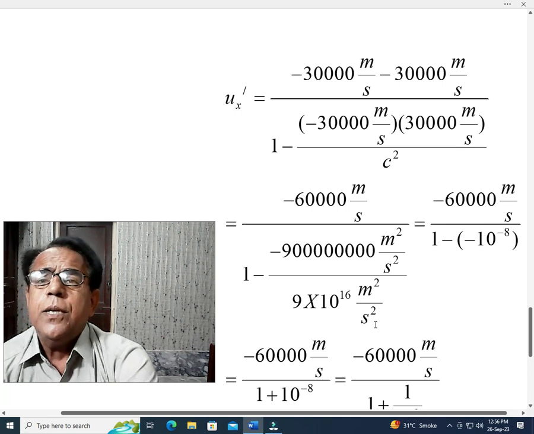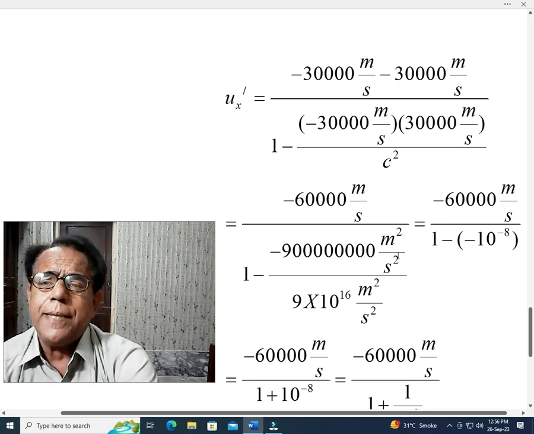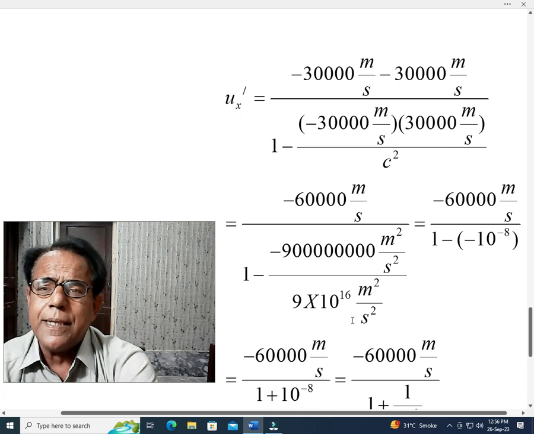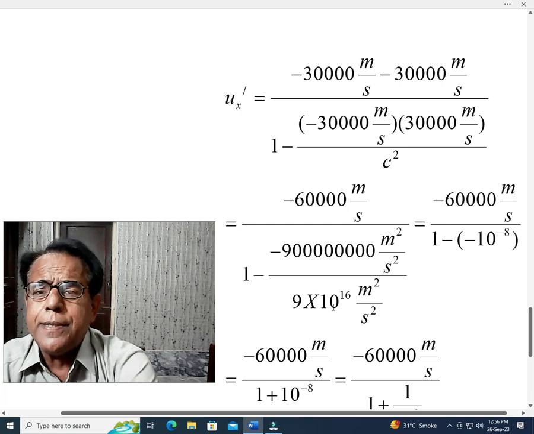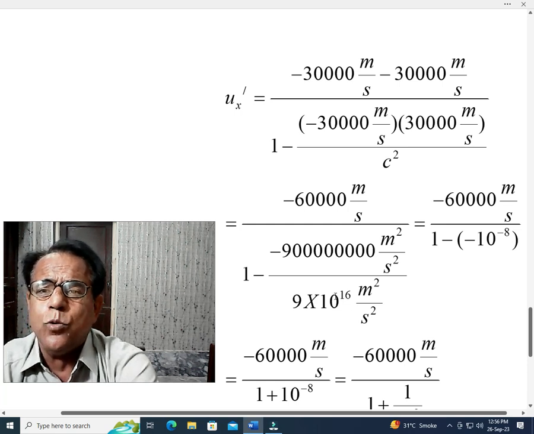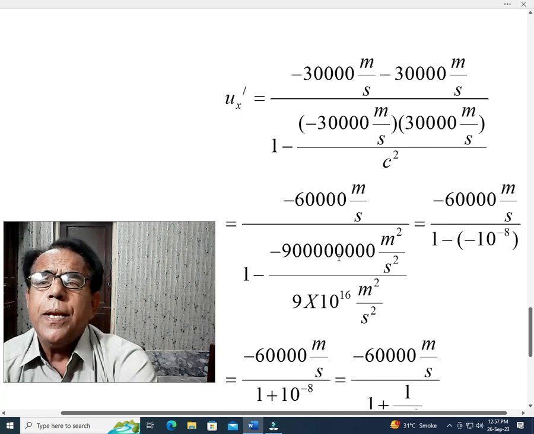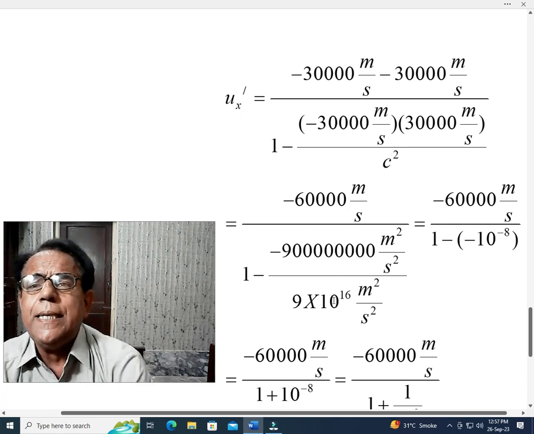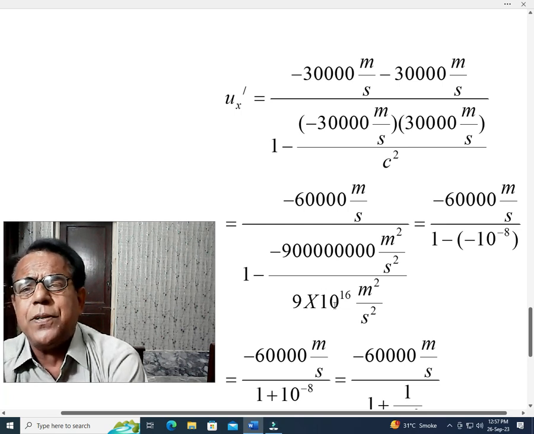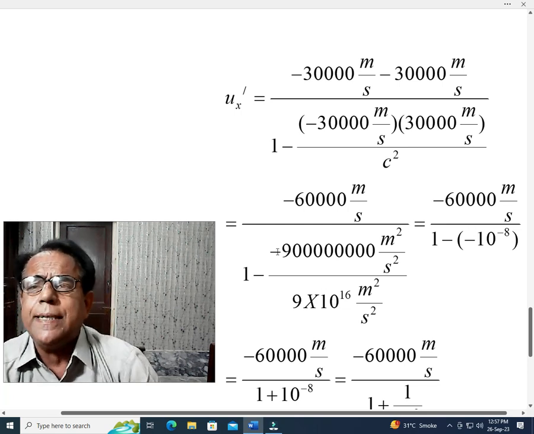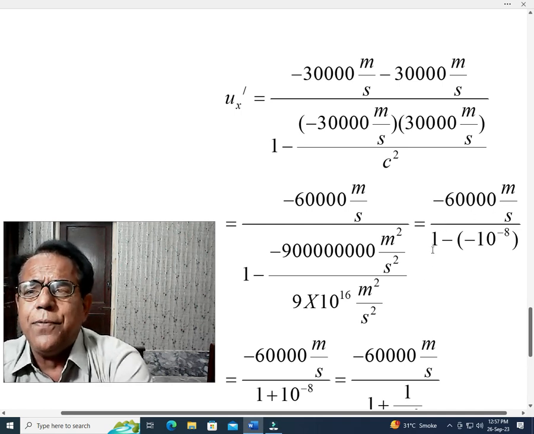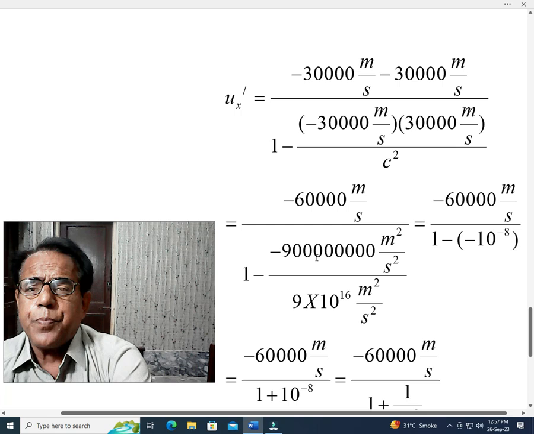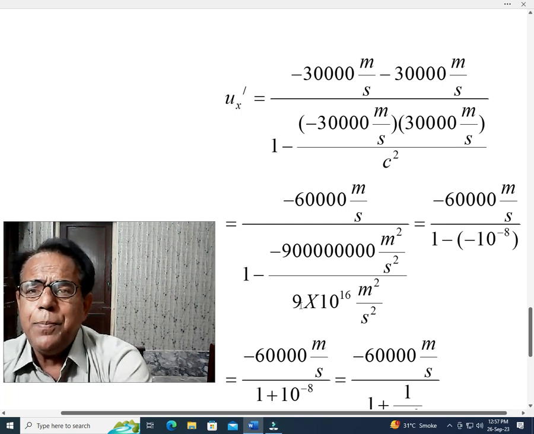Here, dear students, meter square per second square will be cancelled with meter square per second square. Moreover, these 8 zeros will be subtracted from these 16 zeros, so 8 zeros will remain in this figure. In the next step we write it as minus 60,000 meter per second divided by 1 minus, and 9 will be cancelled with 9.